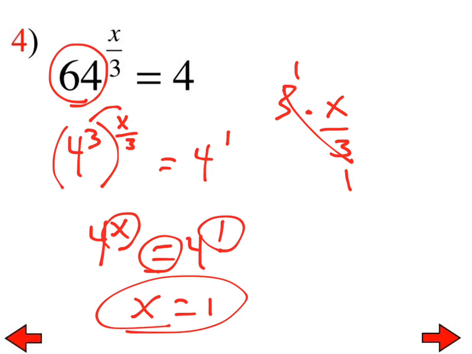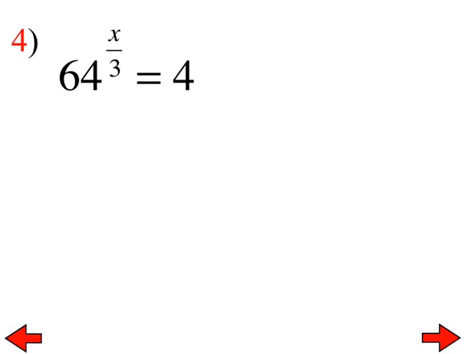Now that is not the only way of doing that problem, because maybe you looked at it like we did in the previous problem, and maybe you thought, well, I want to turn them both into a base of 2. Well, 64 is 2 to the 6th power, and 4 is 2 to the 2nd power.